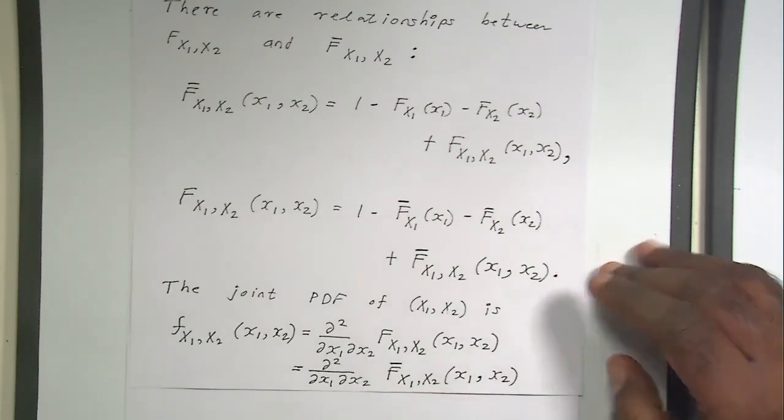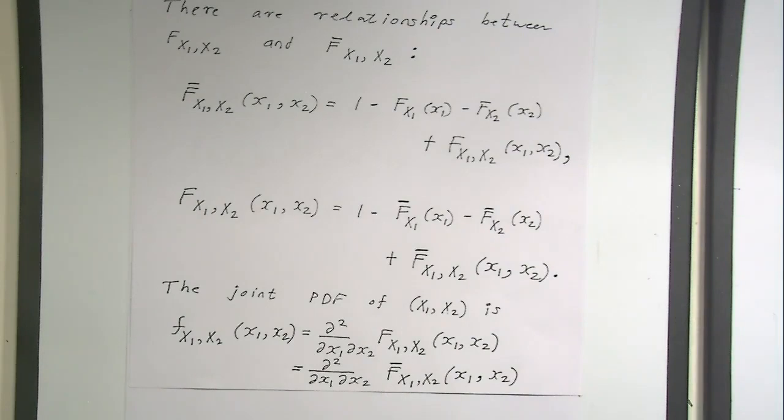It can also be obtained from the joint survival function, and again you take partial derivatives with respect to x1 and x2. That will give you the joint PDF.